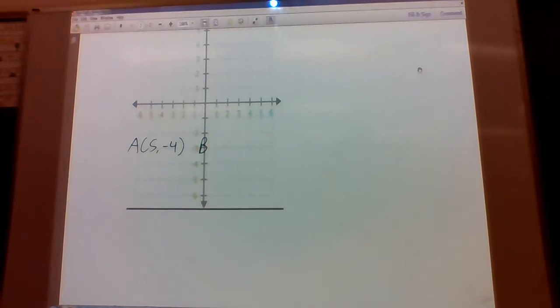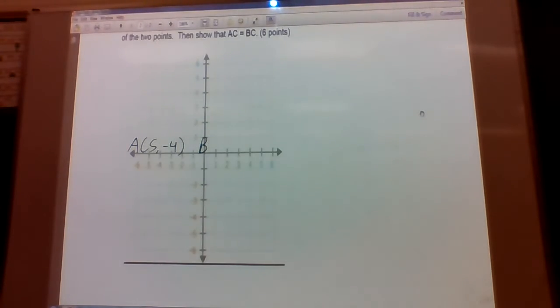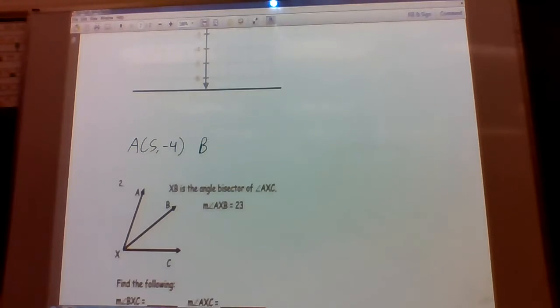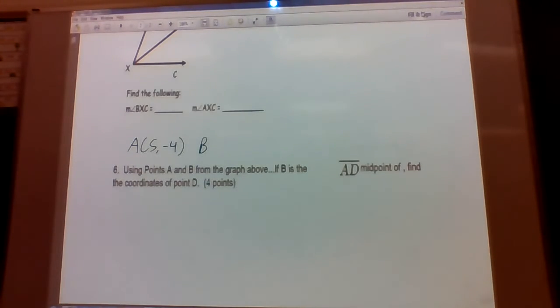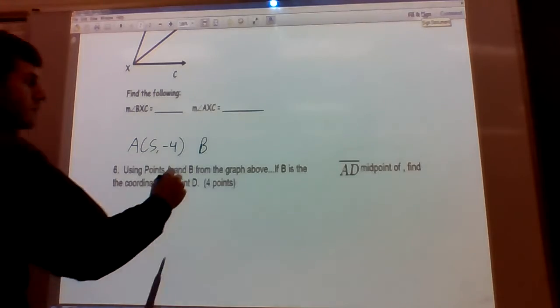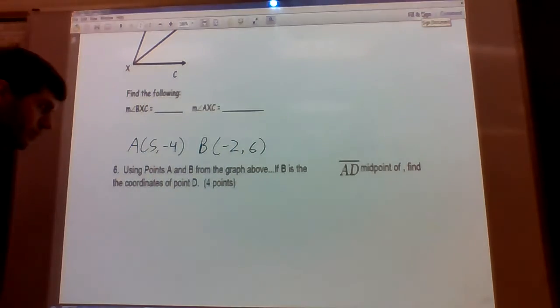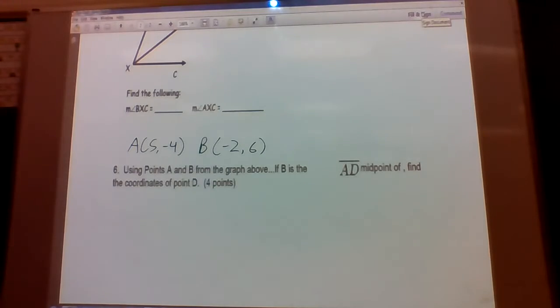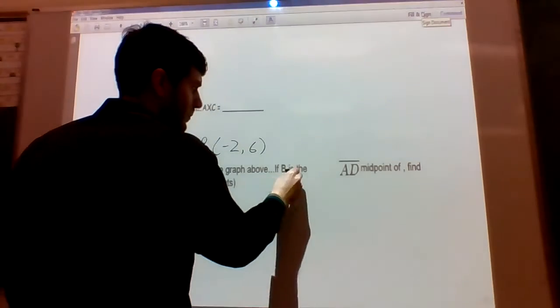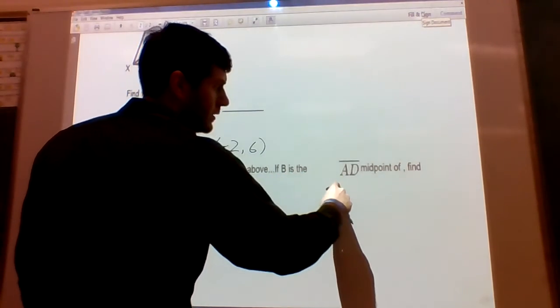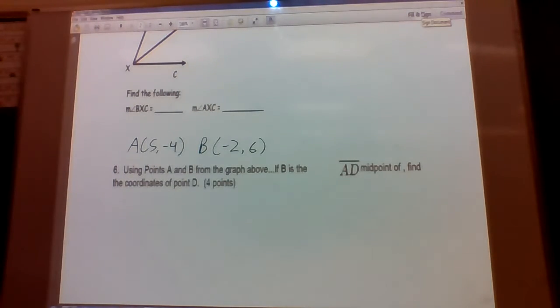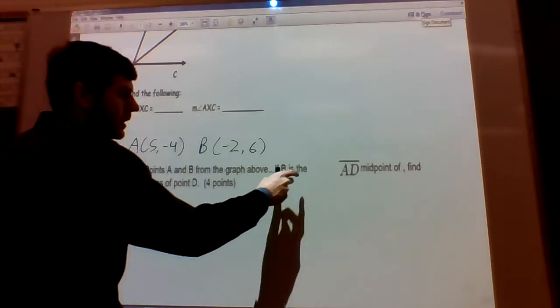And B is -2, 6. The question's a little off here, but it says if B is the midpoint of AD, find the coordinates of point D.